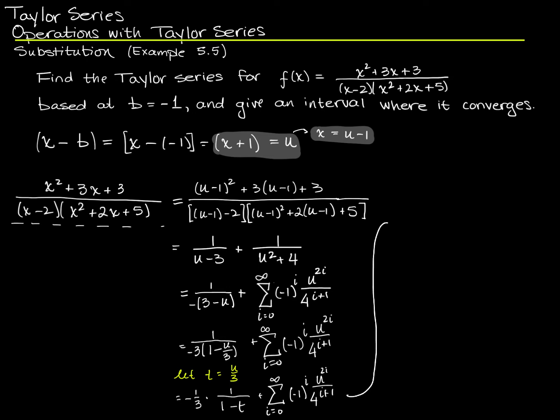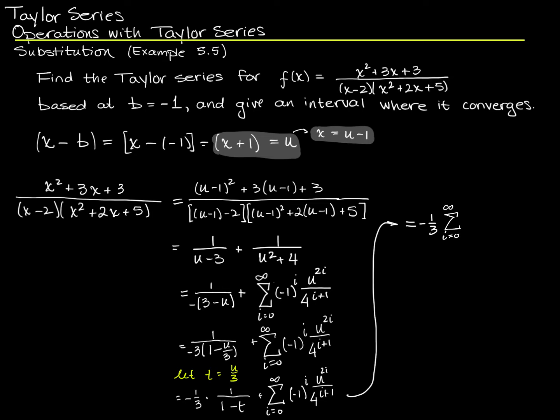Now I have that this is equal to negative 1/3 times the sum for this expression here, which we know from example, it turns out that was example 5.3. That's going to be the sum as i goes from 0 to infinity.